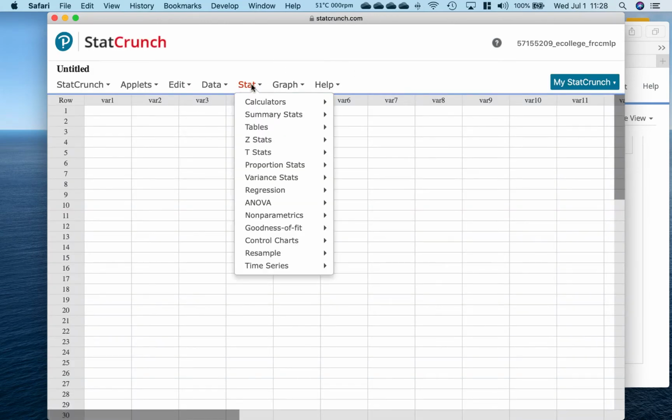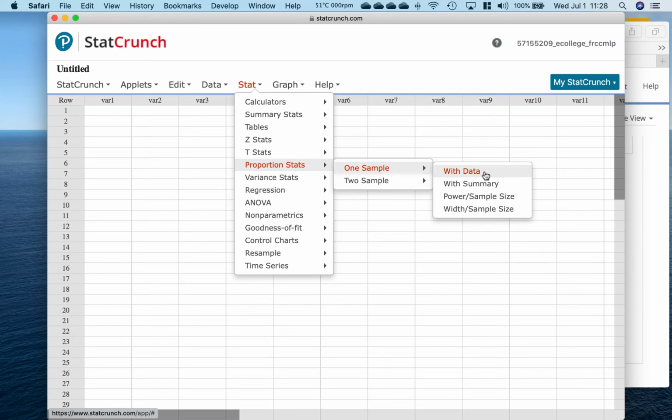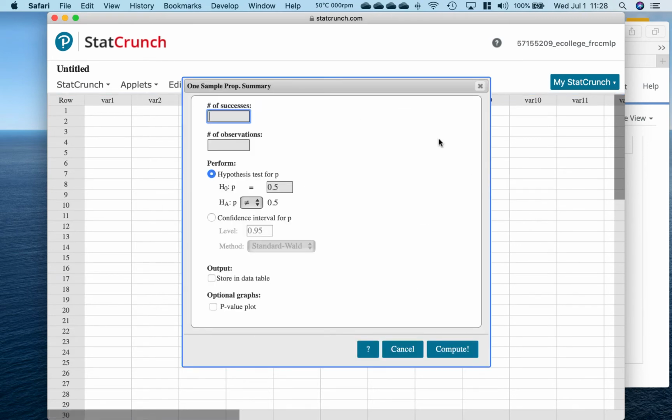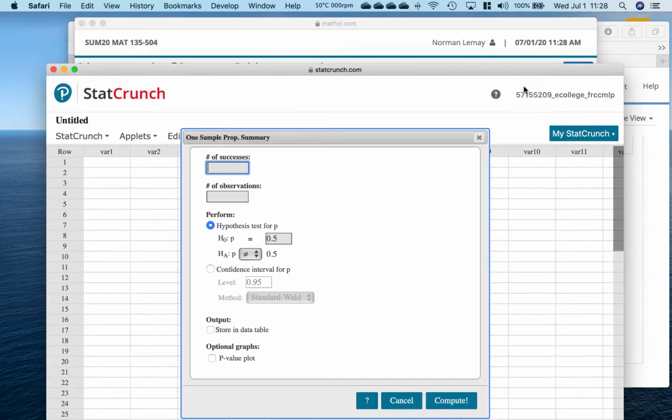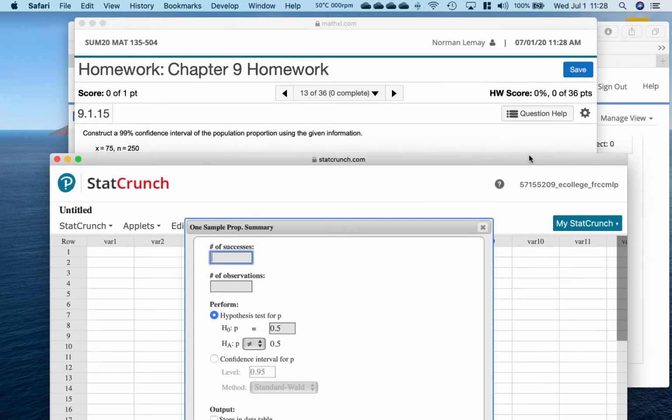If we come over here to stats, proportion stats, one sample, and here we'll do with summary, and here we need the number of successes. Here we're told that x is 75, and we're given the number of observations, which is 250.